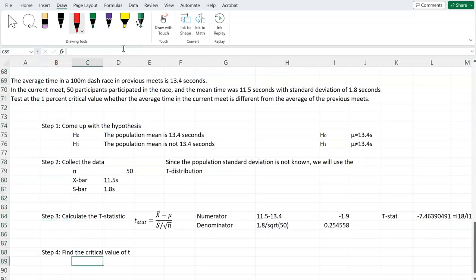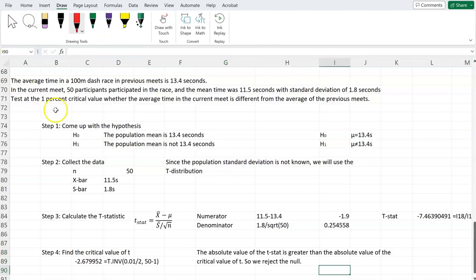So at 1%, it will be 2.67, and we find the same interpretation. We would say that the absolute value of the t-stat is greater than the absolute value of the critical value of t, which is 2.67. And of course, my t-stat was 7.46. So we reject the null.